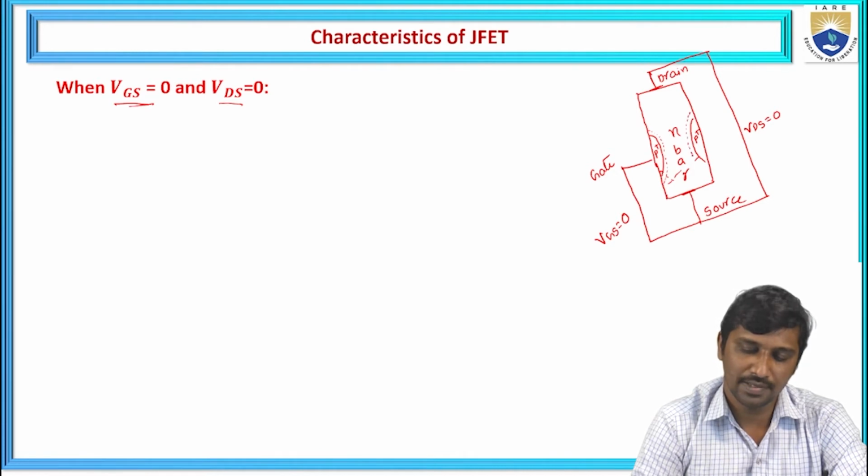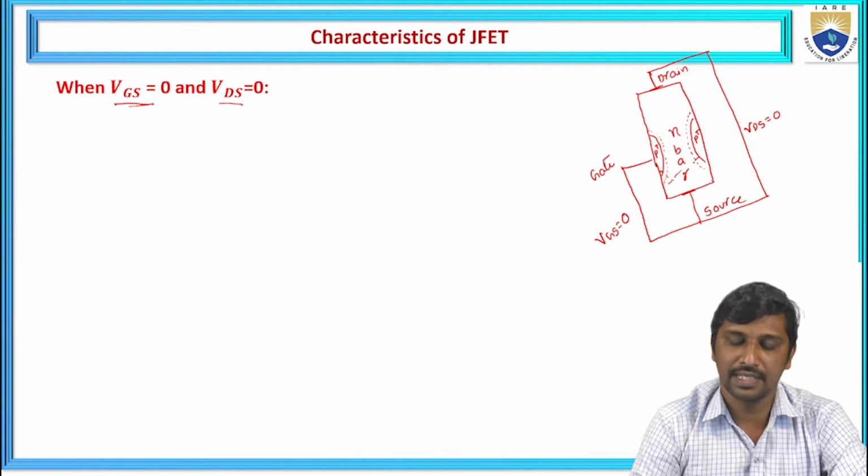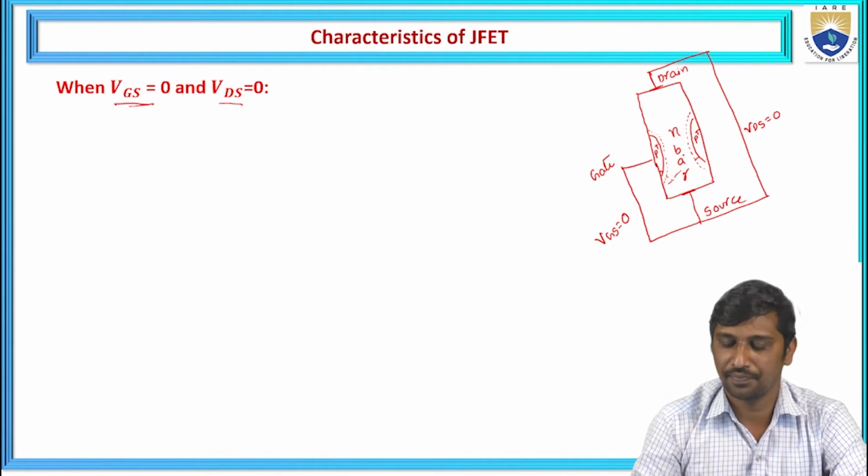And another point, when the drain to source voltage is 0, due to this 0 force, there is no movement of the charge carriers from the source terminal to the drain terminal to form the conduction in a JFET. Hence, at this point, the state is represented as non-conducting state.